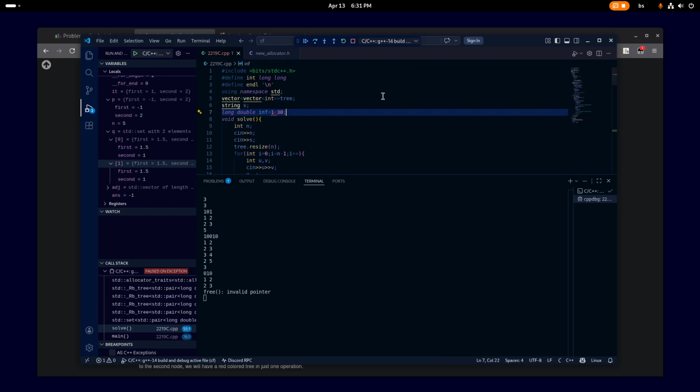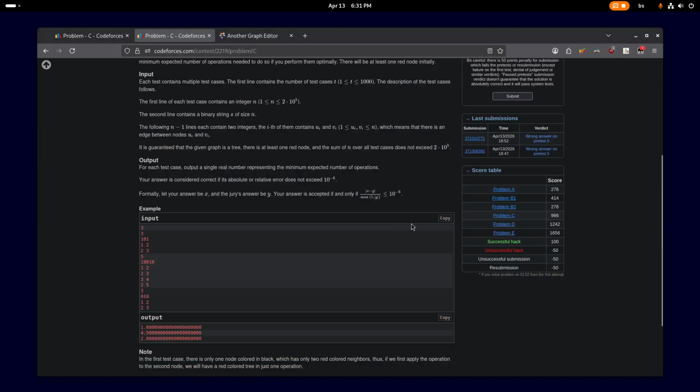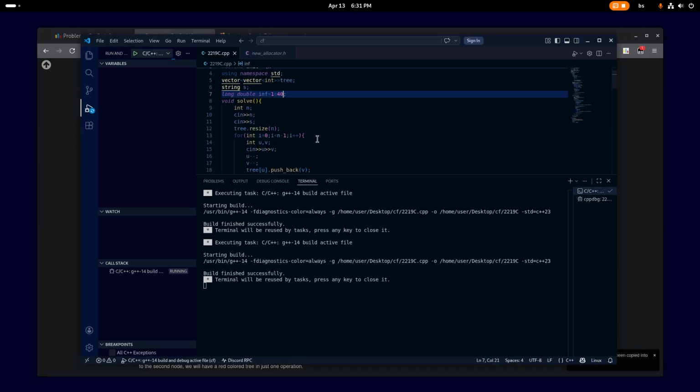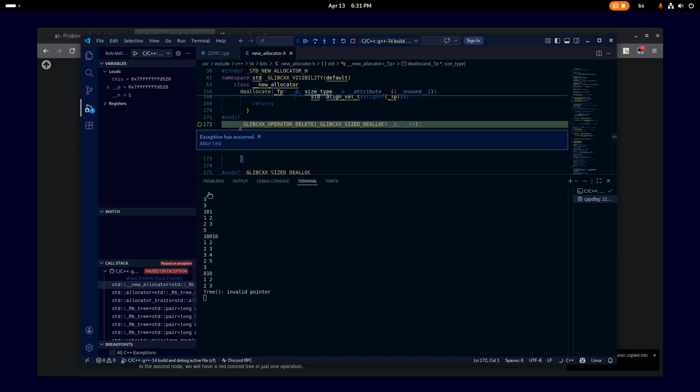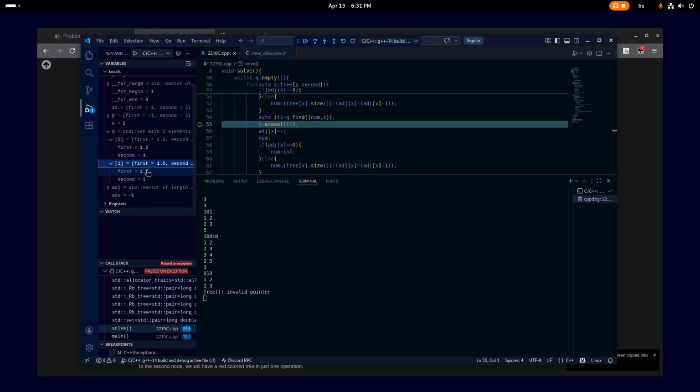I'll put something smaller. Actually, something like 40 maybe. I mean, I have no idea what I'm doing wrong. Honestly. But something isn't working out, obviously.